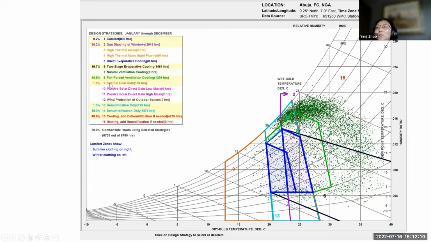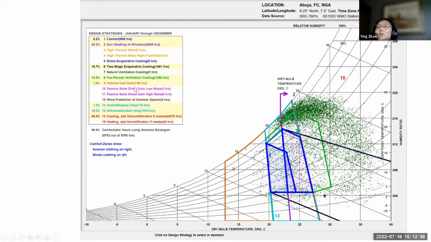And then there will be two-stage evaporative cooling, which we will talk about later, and fan-forced ventilation cooling. You can see that other things like high thermal mass night ventilation have 0 hours. Internal natural ventilation, 0 hours.